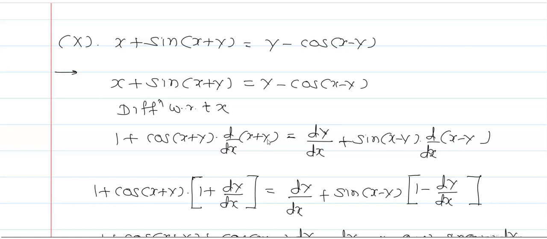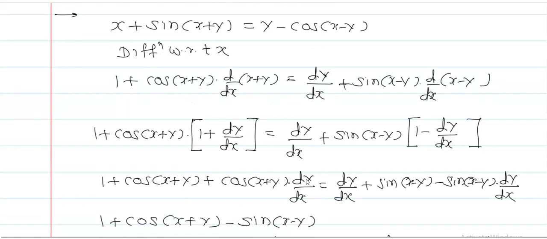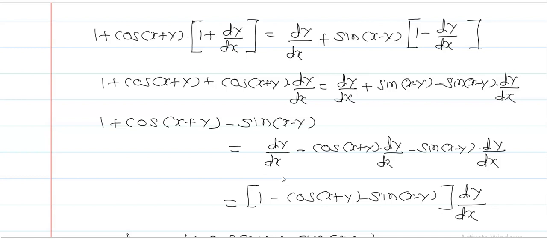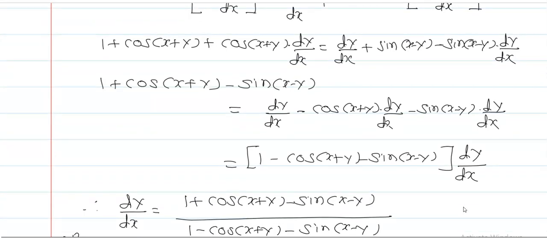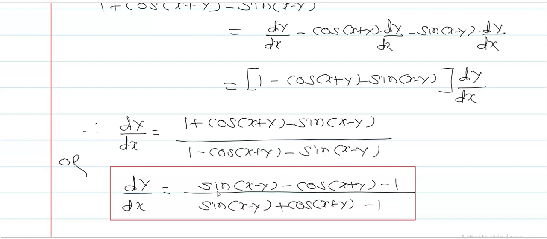Derivative of x is 1, derivative of y is dy by dx. Again derivative of x is 1, derivative of y is dy by dx. Multiplication. Here collect the terms of the dy by dx very accurately. Therefore dy by dx is equal to 1 plus cos of x plus y minus sin of x minus y upon 1 minus cos of x plus y minus sin of x minus y, or you may write like this also.